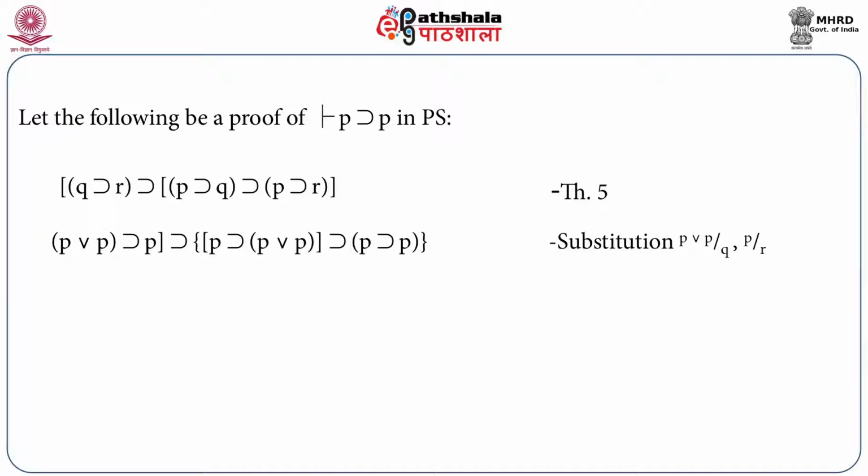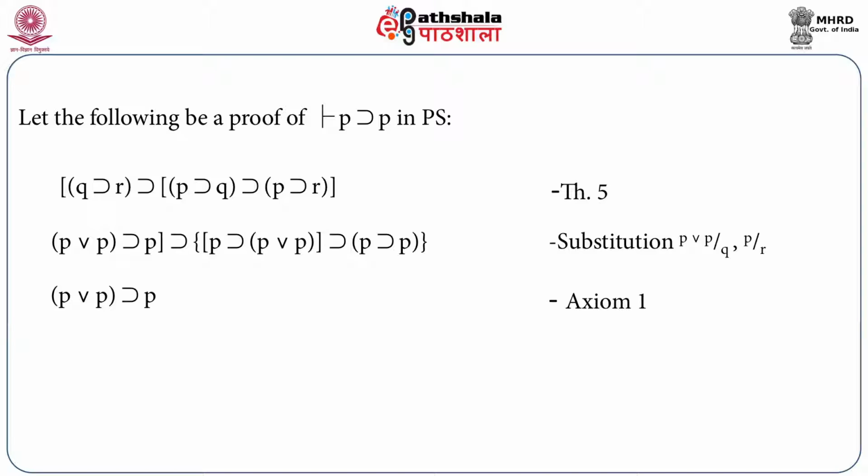Now the next step is to introduce axiom number 1. Keep in mind that we can introduce axioms and already proved theorems as part of our derivation anytime. So here we have introduced axiom number 1, that is, if P or P, then P. So the next step is we can appeal to modus ponens rule or detachment.